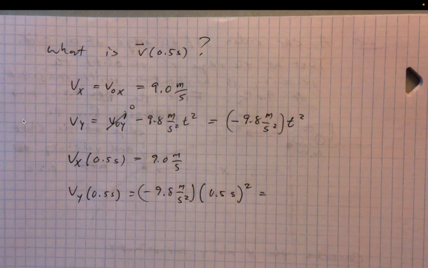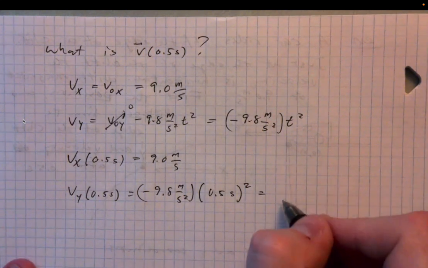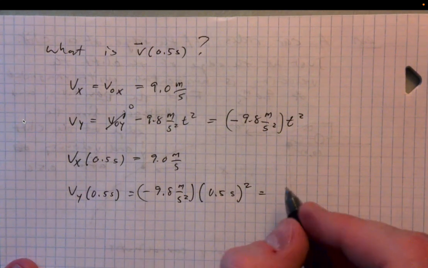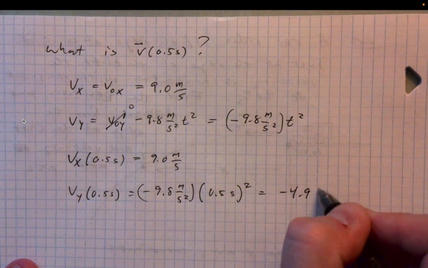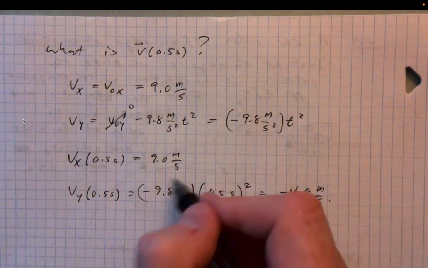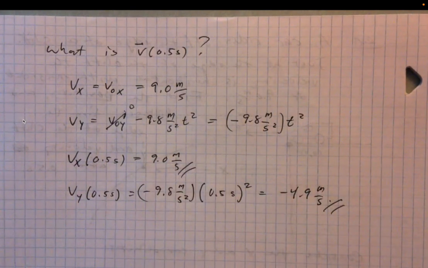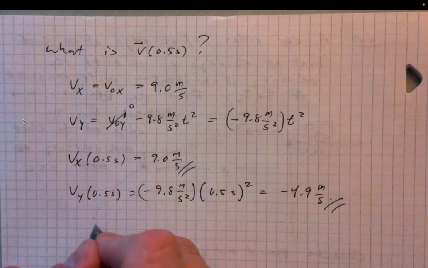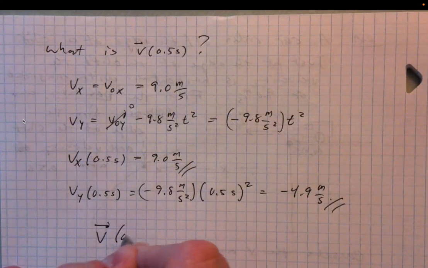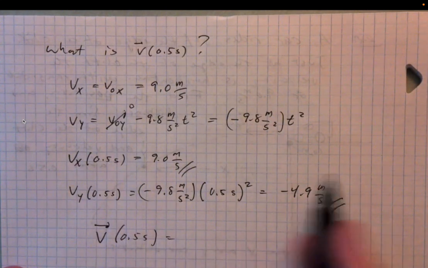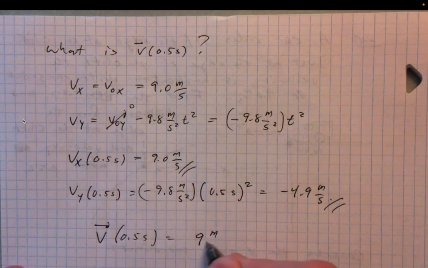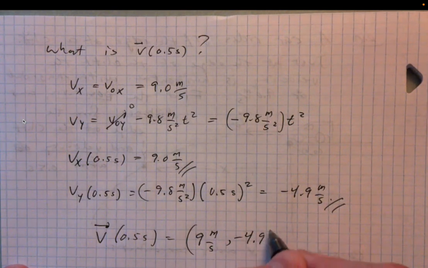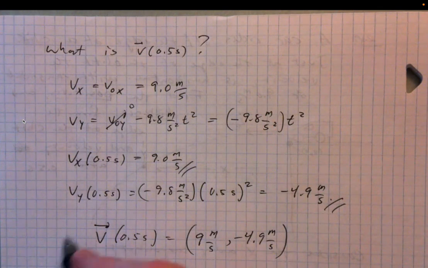Right, and if you do that math, this gets you negative 4.9 meters per second. Okay, so these two components indicate the velocity. So the velocity at 0.5 seconds is equal to 9 meters per second in the x direction and negative 4.9 meters per second in the y direction. Okay, so that's that.